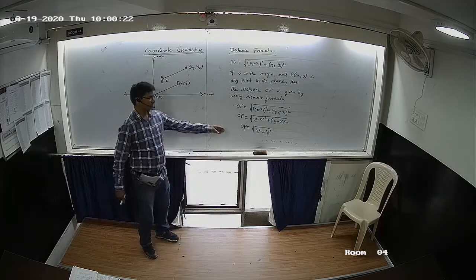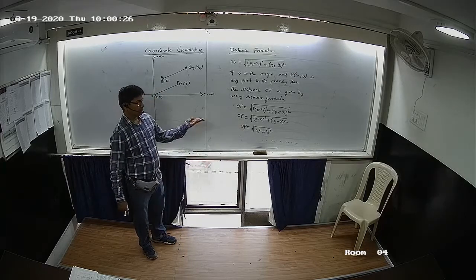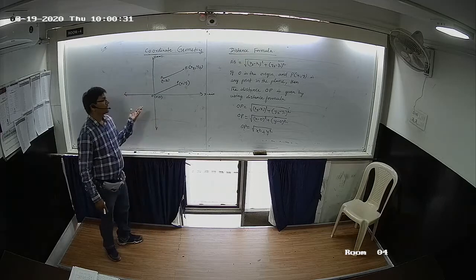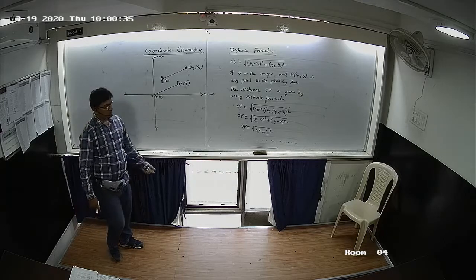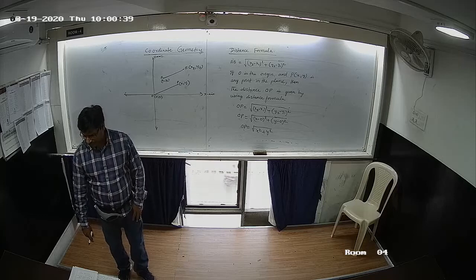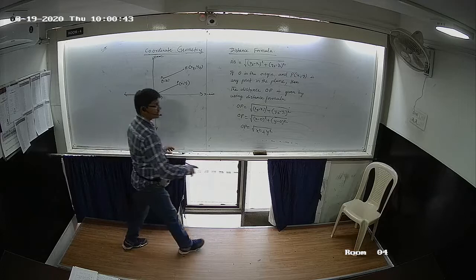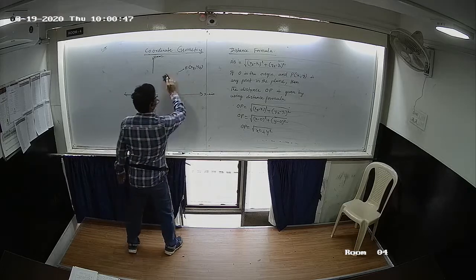So this is the distance of the line segment OP from O to P, where O is the origin. Now, note that we can find many distances if the 2 points are given to you in the plane.